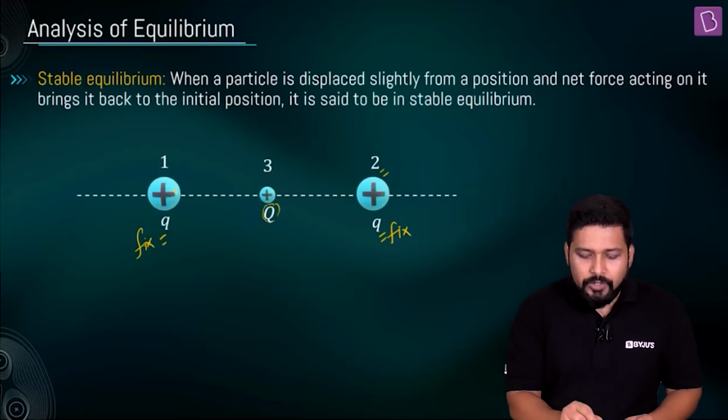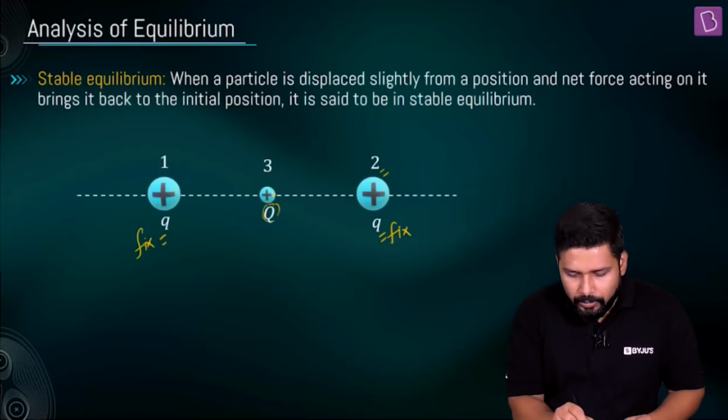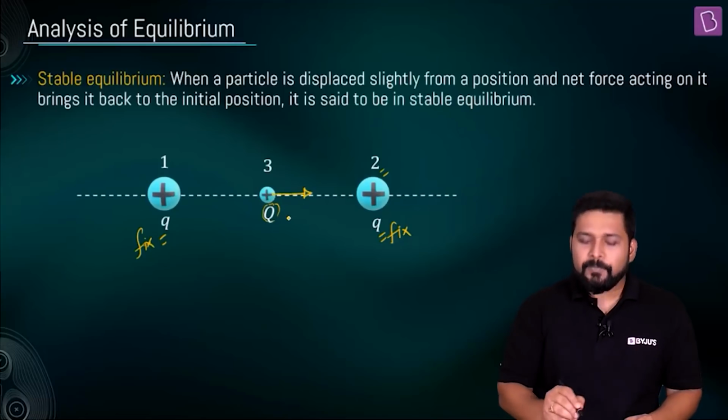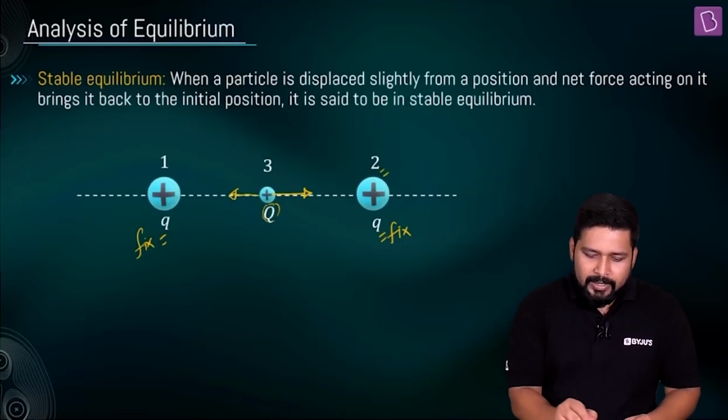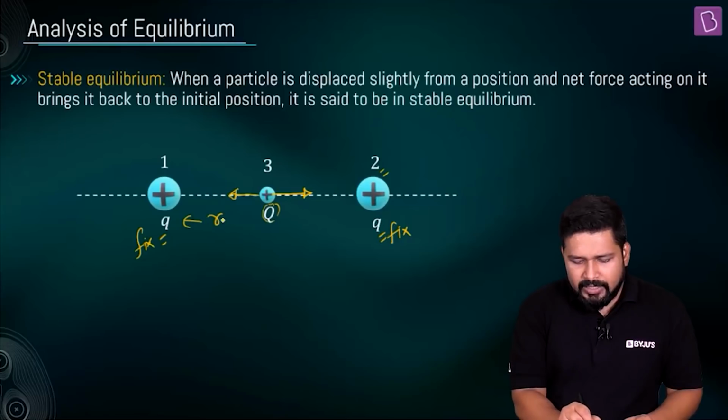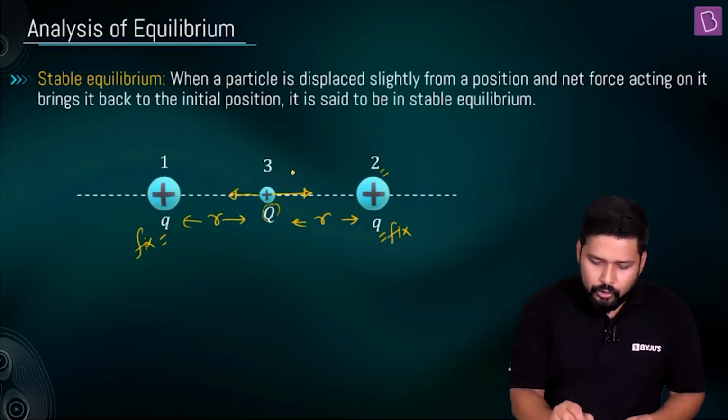The charge which is present at point number 1 is going to repel this in this direction, and the charge which is present at point number 2 is going to repel this in this direction. Correct? Okay. Let us say the distance is equal and it is equal to r. So what will be the magnitude of the force? This is force because of 1 and this is force because of 2.